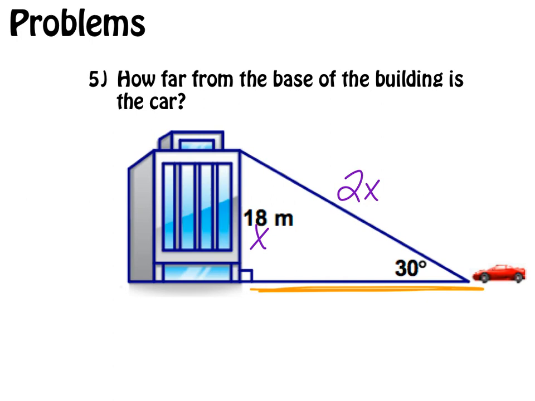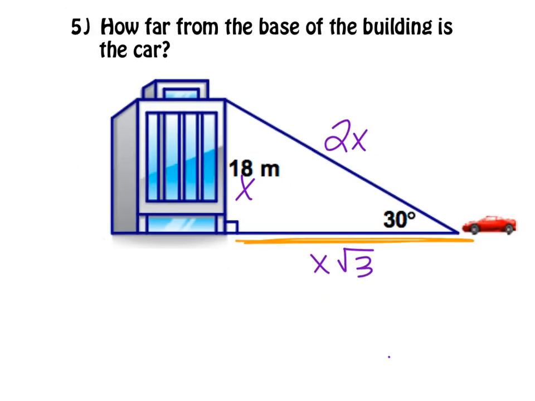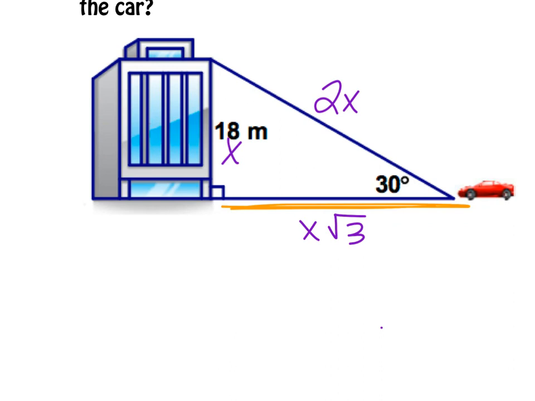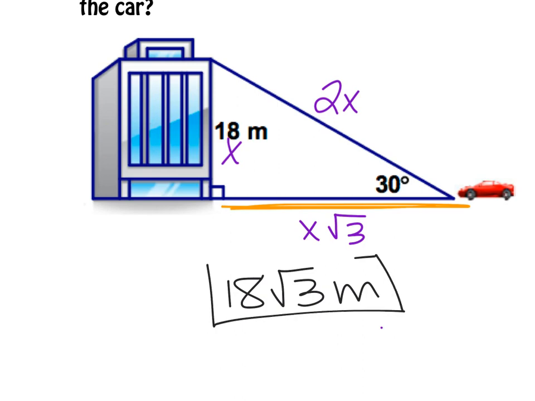And that little orange side is going to be x square root 3. So if I already know what x is, using some substitution again, we can figure out that the orange distance is 18 square root 3 meters.